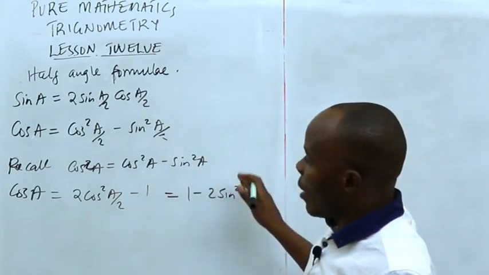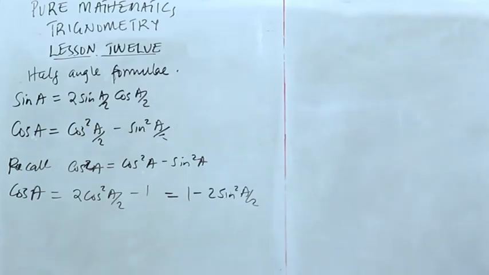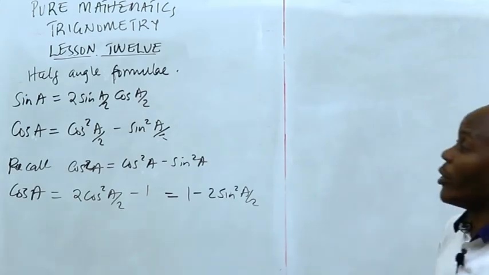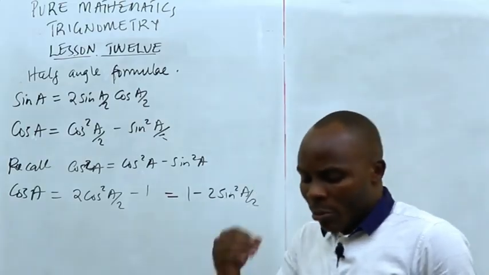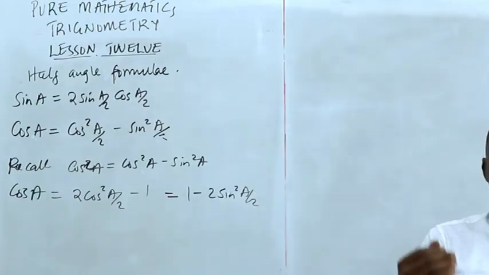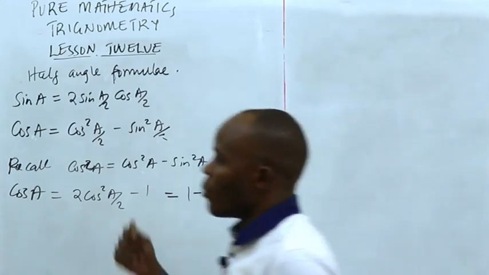Now, these half angles are very applicable, especially when we are proving identities or when we are solving tricky problems. But we are going to apply them much more in the T formula.